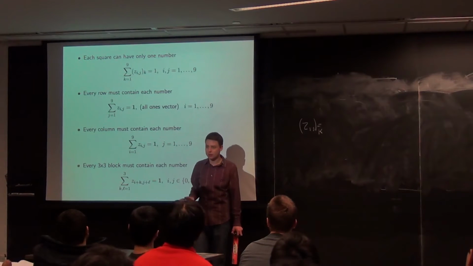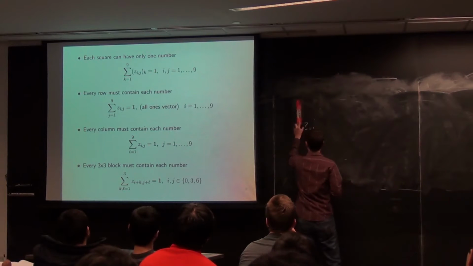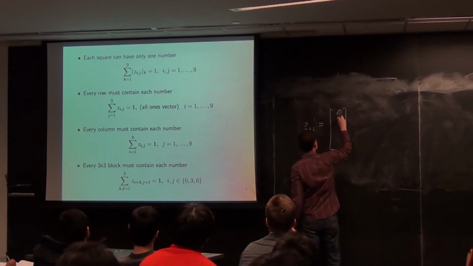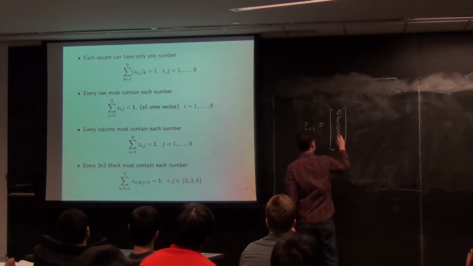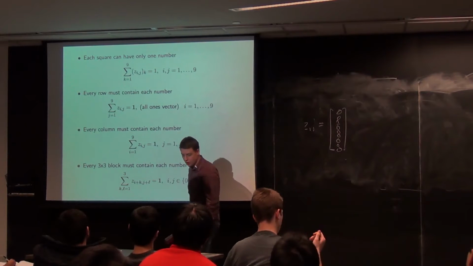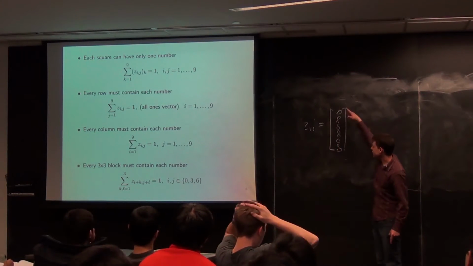In fact, it has to have one number, though, right? So remember, all of these were equal to some vector here. And this constraint up here says for every Zij, the sum of all these elements has to equal 1.